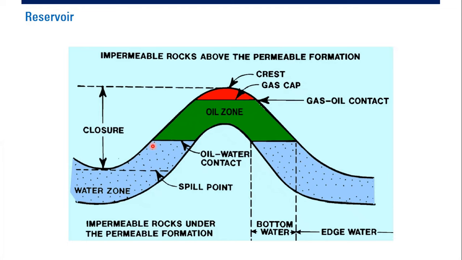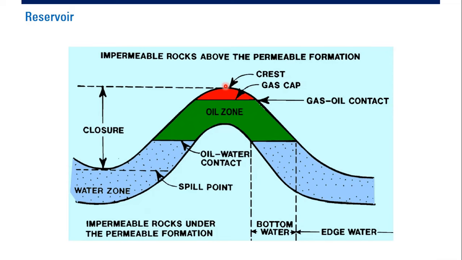And then we have the oil water contact and the oil zone, of course. And above the oil zone, we have the gas cap. And between the gas cap and the oil zone, we have the gas oil contact. And then the uppermost, we call it the crest, usually the crestal area. It means we are at the top.